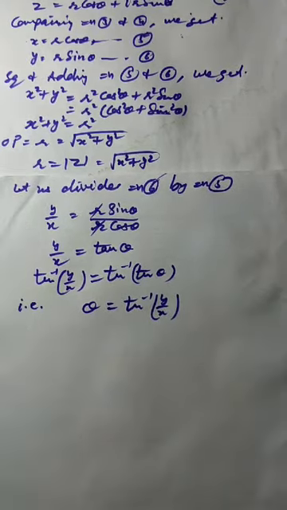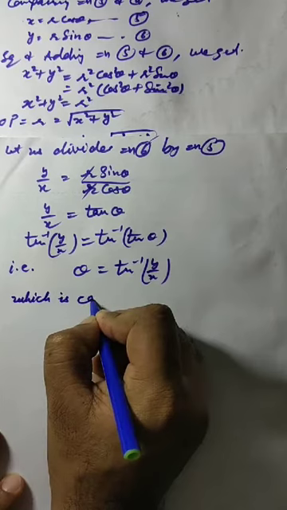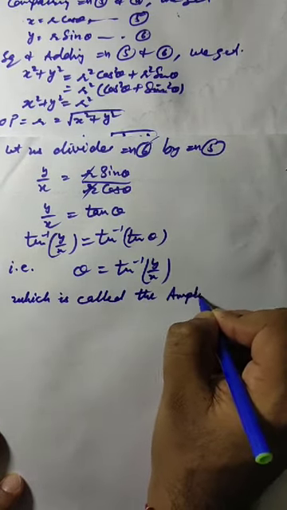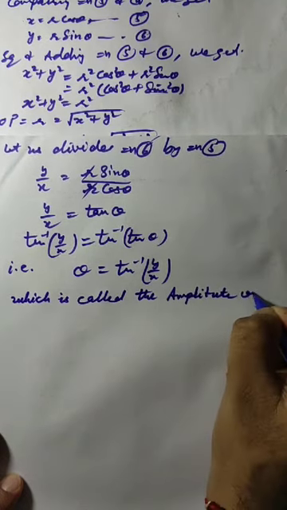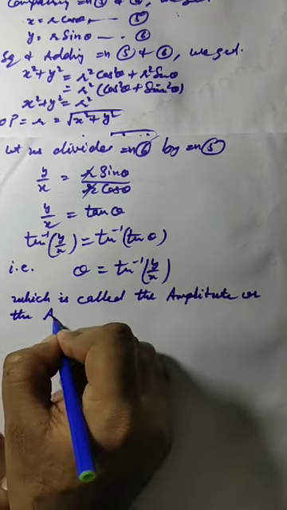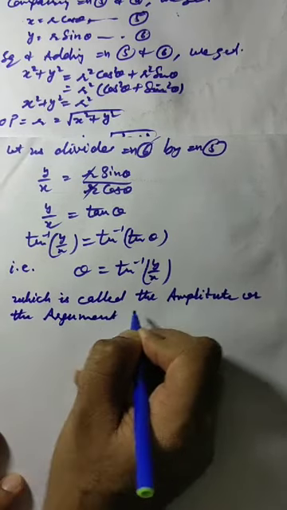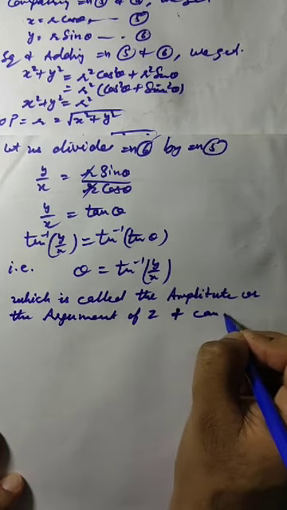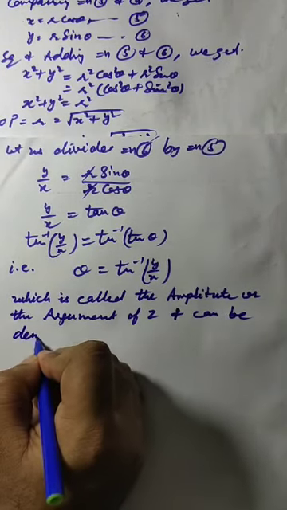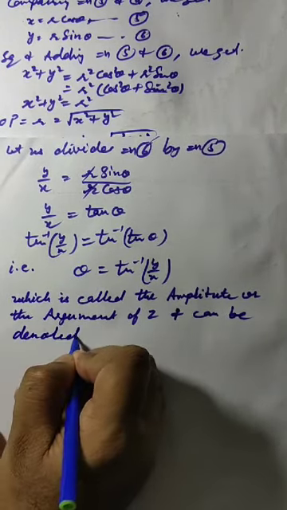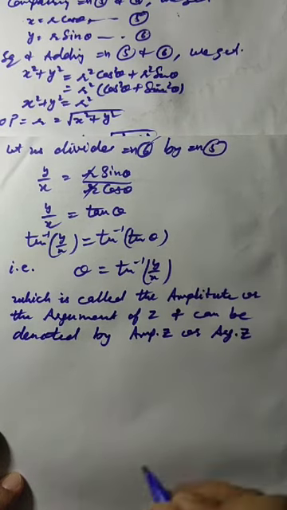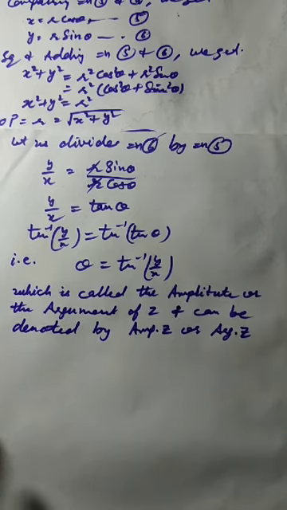which is called the amplitude or the argument of z, and can be denoted by amp z or argument of z of the given complex number.